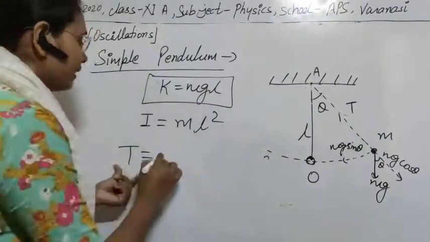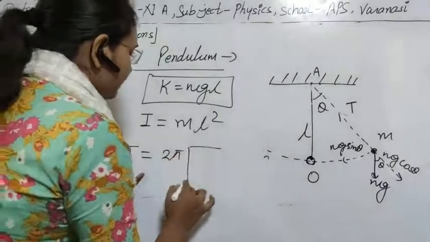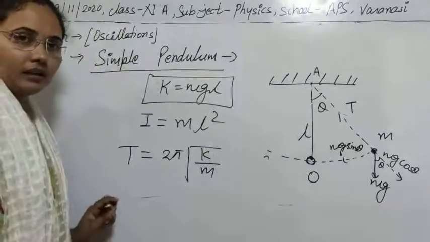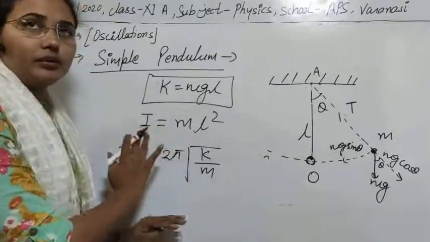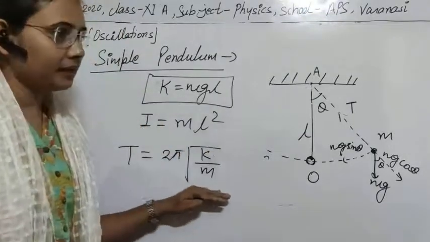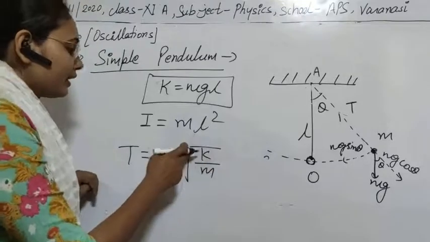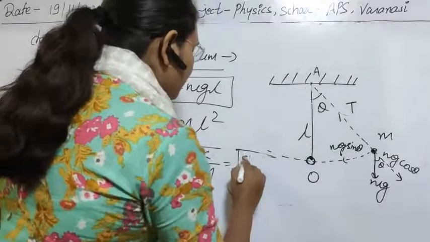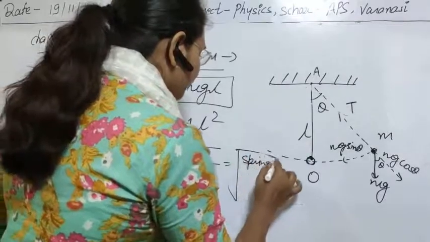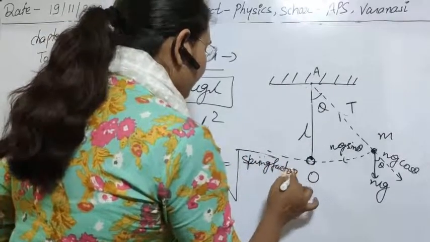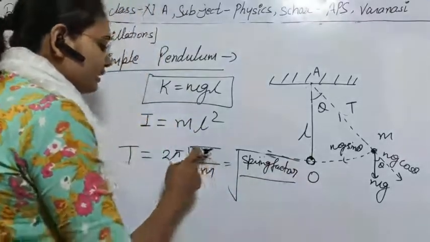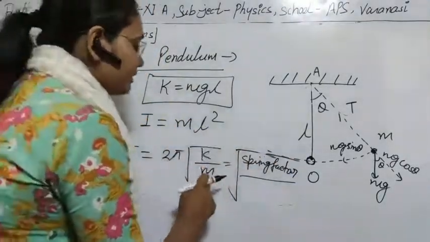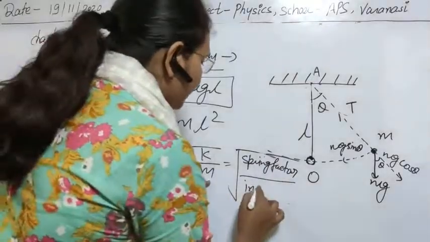Now if you see the formula for time period, as I told you, it is given by 2 pi root of m by k, inertia factor by spring factor. I have explained this already. Here k is the force constant, and this is the spring factor, and m is also called the inertia factor.